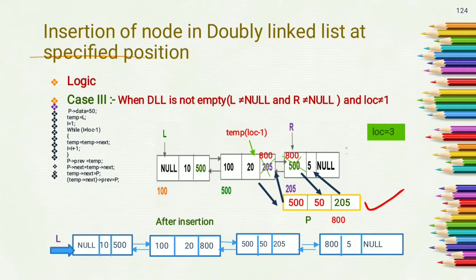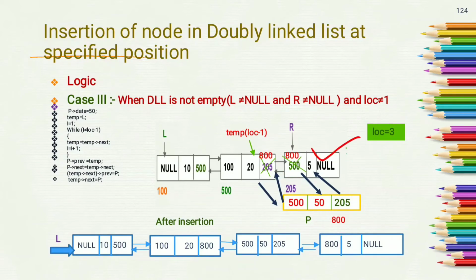As the new node is initialized, now we will change the pointers of other nodes. Now we have to update the previous pointer of this node, and we will change the next pointer of this node. Why I am doing this, I will tell you after some time. First I change the previous pointer of this node by the address of P, which is 800.